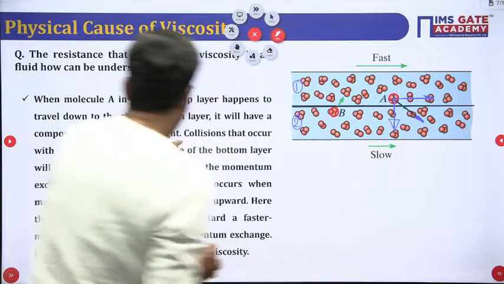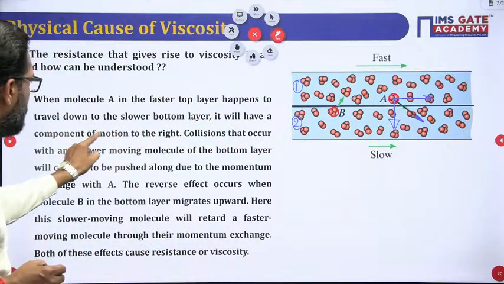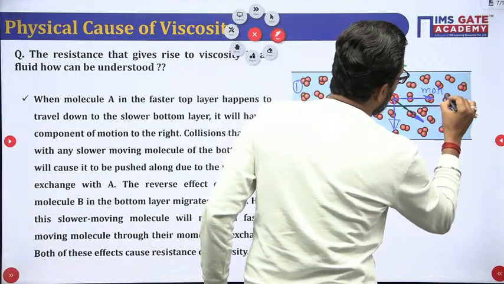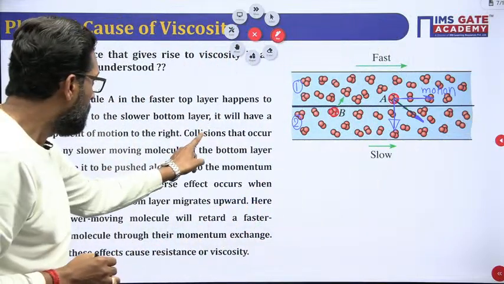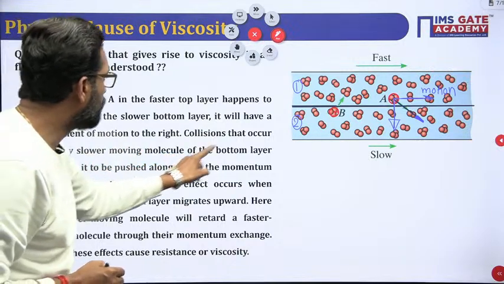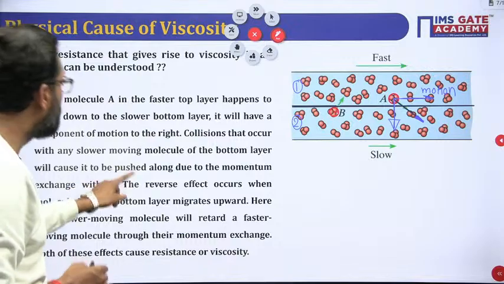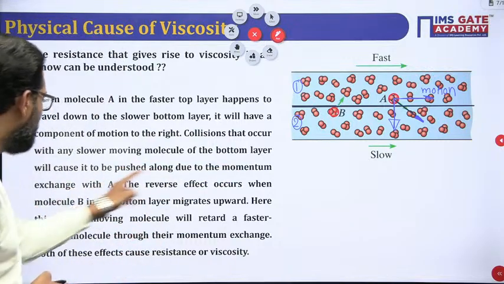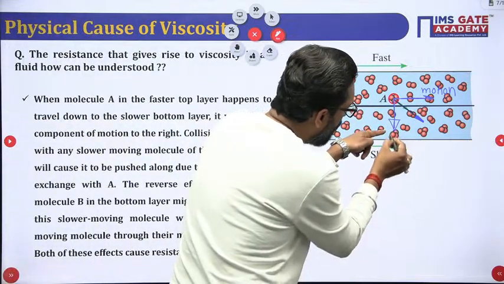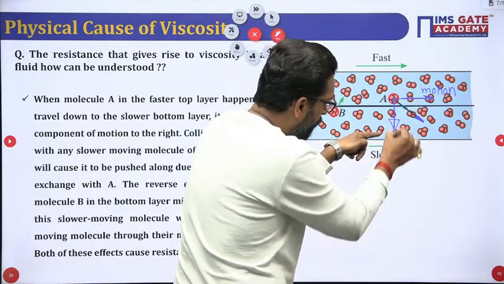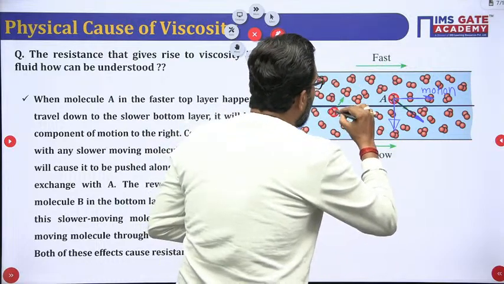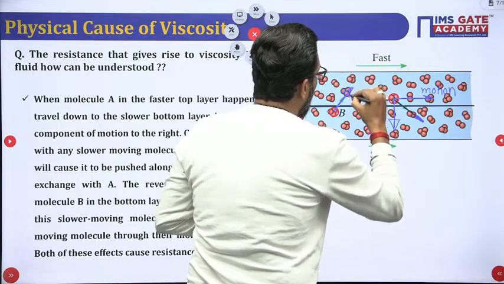So it will have a component of the motion to the right. Now, a collision with any slow moving molecules in the bottom layer will cause them to be pushed along due to the momentum exchange with A. The vertical velocity impacts these slow molecules, and they are ejected in the direction of the faster molecules.